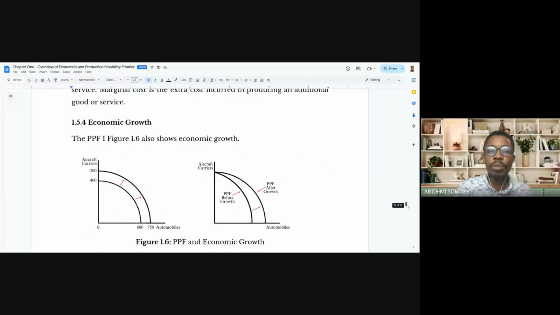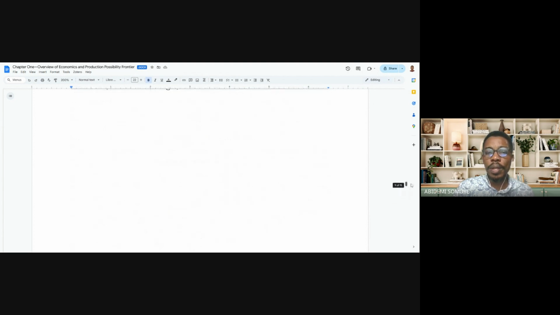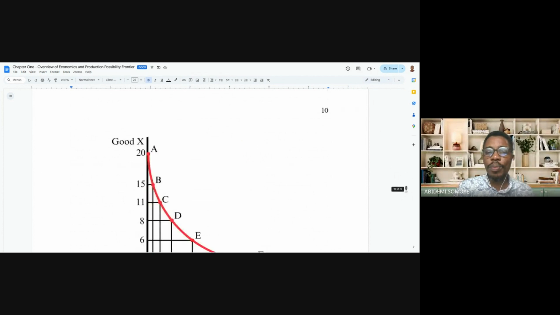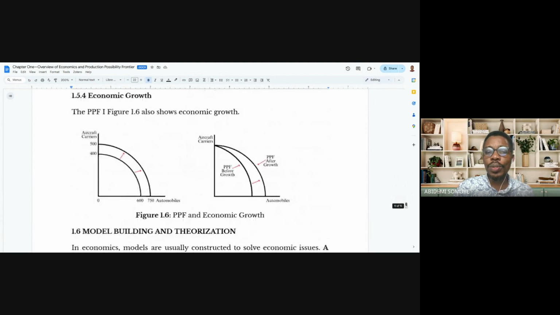So I also mentioned, can an economy achieve point B? This point B right here, I said yes, they can. So how does the PPF show economic growth?